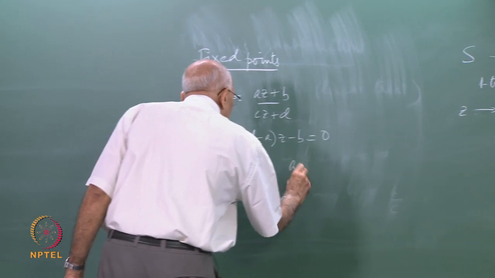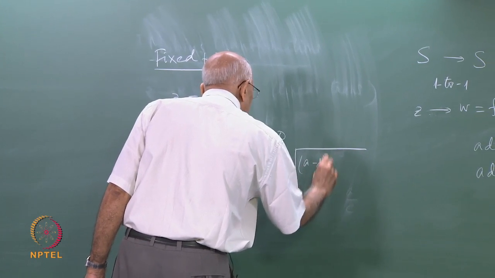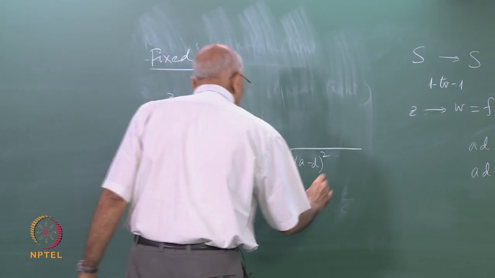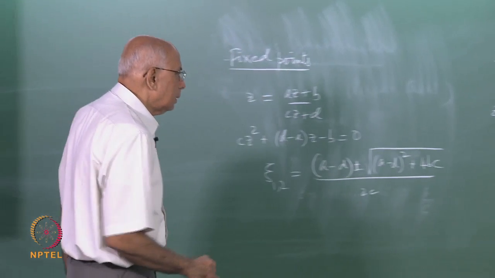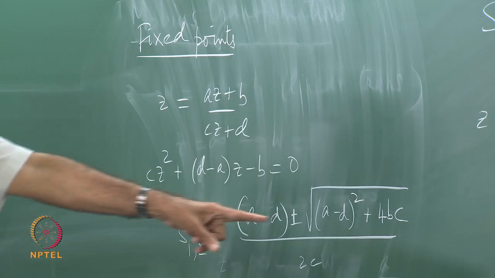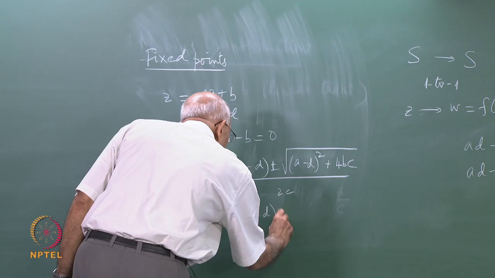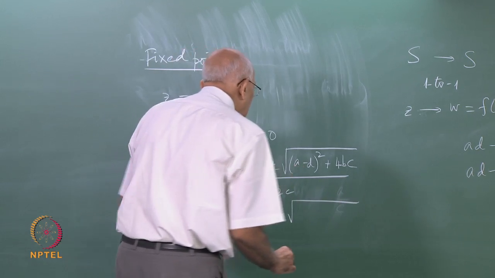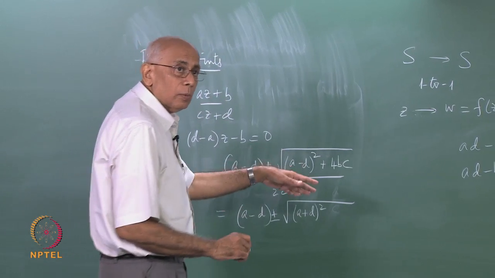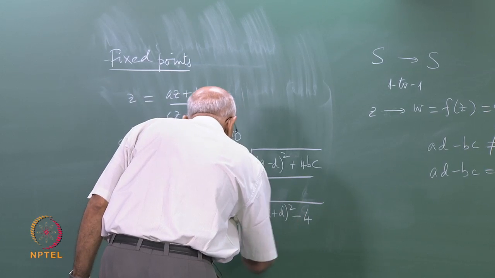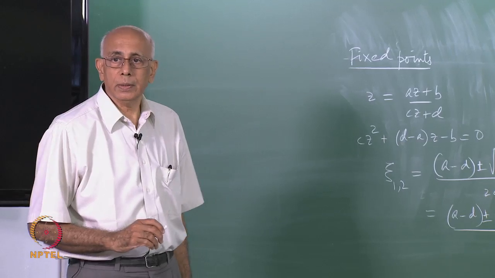These roots are at A minus D plus or minus square root of A minus D whole squared plus 4 BC, over twice C. But remember that we have set AD minus BC equal to 1, so I could also write this as A minus D plus or minus square root of, I will make this an A plus D, so you get A plus D whole squared minus 4 AD plus 4 BC, so that becomes minus 4, divided by 2C. These are the fixed points of the transformation.